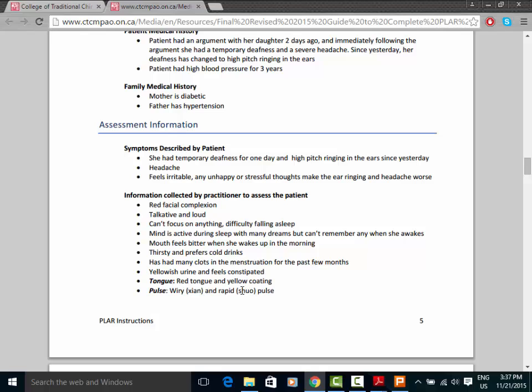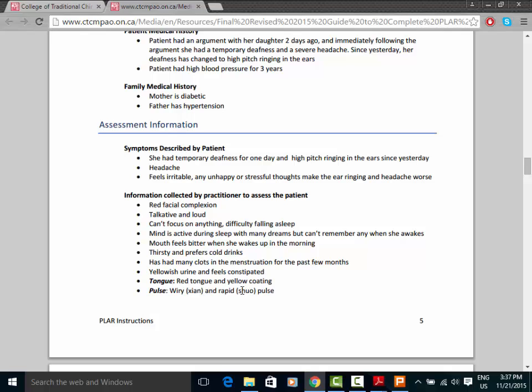So I would encourage you... What's the significance of that piece of information? Which piece of information? Many clots in menstruation for the past few months. I don't know why, because that's totally different than what you just said. You were just talking about her fire that then got triggered by the emotional disagreement with the daughter. The clots are different.